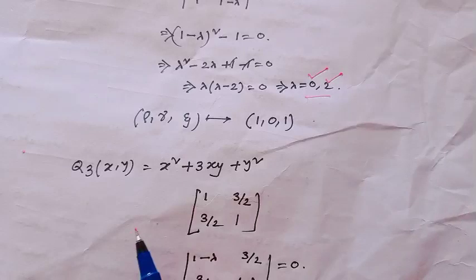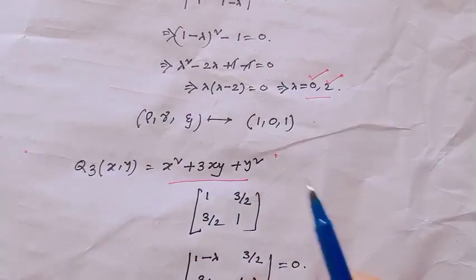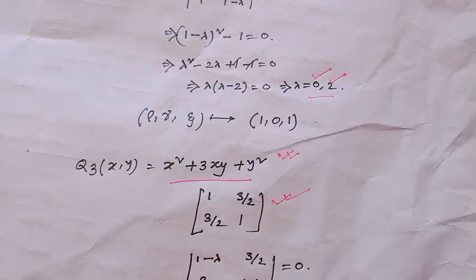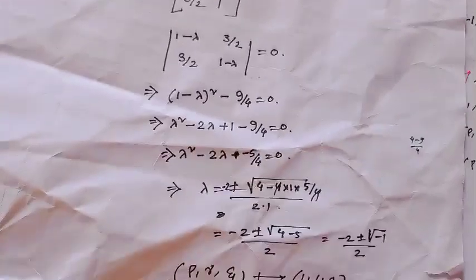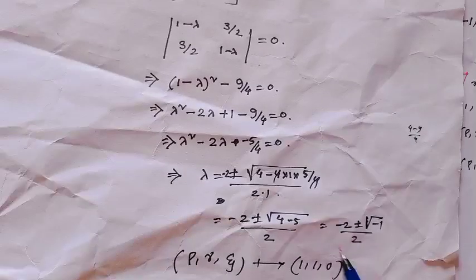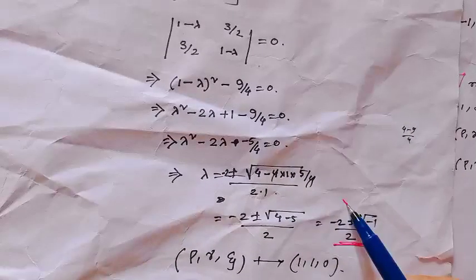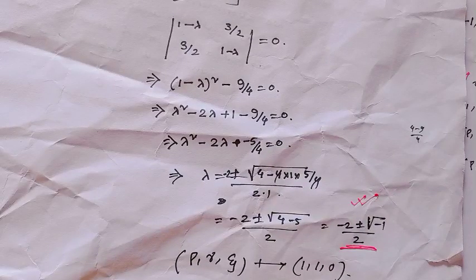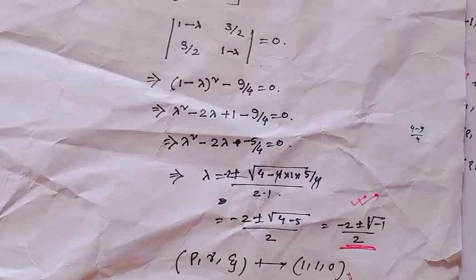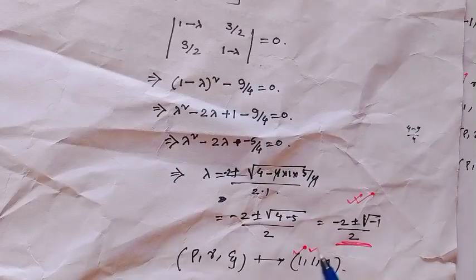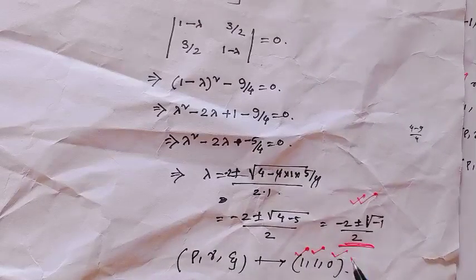And for Q3, this is the quadratic form, and this quadratic form generates this matrix. From this matrix, we can evaluate the eigenvalues, and here there is one positive eigenvalue and one negative eigenvalue. So the inertia, denoted as rho, sigma, chi, is 1, 1, 0, which means the number of positive eigenvalues is 1, the number of negative eigenvalues is 1, and there is no zero eigenvalue.